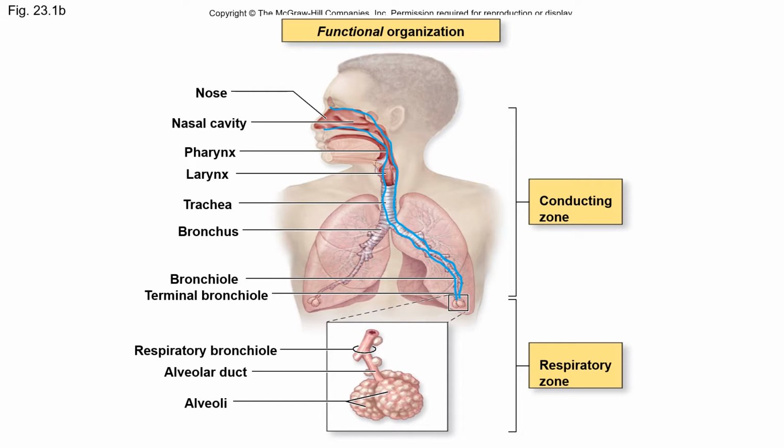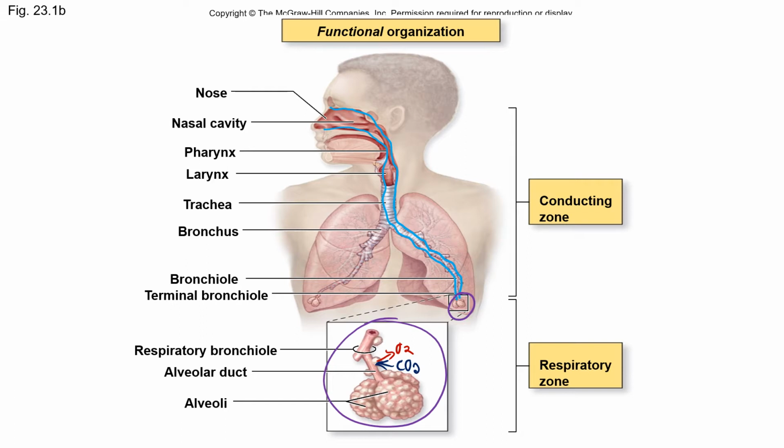At the very end of its travel, however, air enters a respiratory zone, which is the microscopic lobules of the lung, where oxygen is capable of getting into the blood and CO2 is capable of getting into the air through the very thin walls of these respiratory membranes.